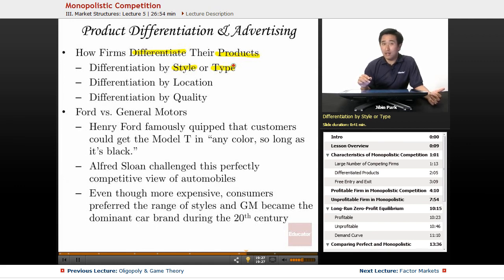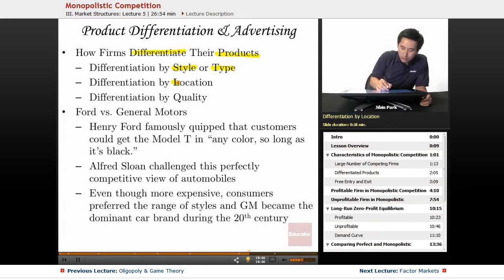So the way that they differentiated themselves was by style and type. And so airlines would try to get customers to fly on their airlines by making their product better than other products.